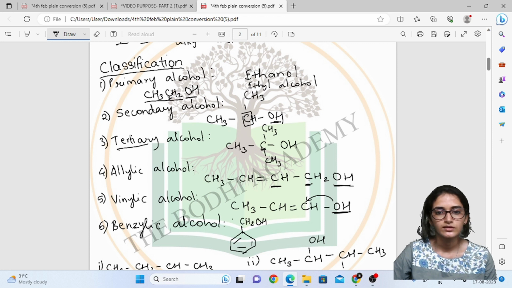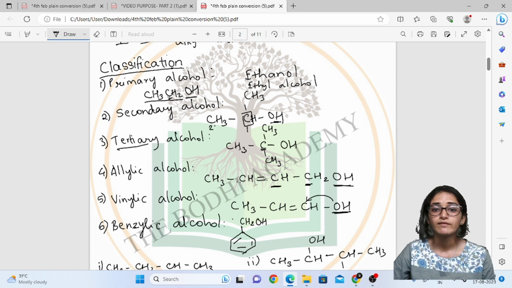This is the longest chain, with 2 carbons. We number this carbon as 1, this carbon as 2. A 2 carbon chain is named ethane. But we have one more thing here, a substituent, the methyl group, and it is on the first carbon only.